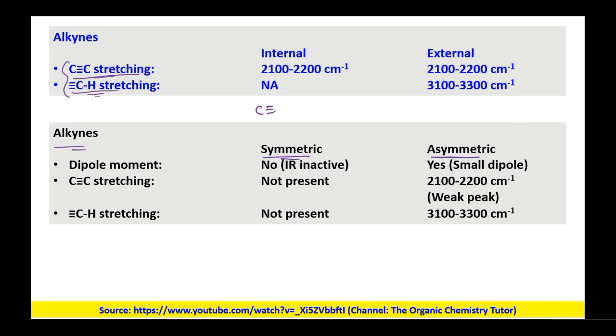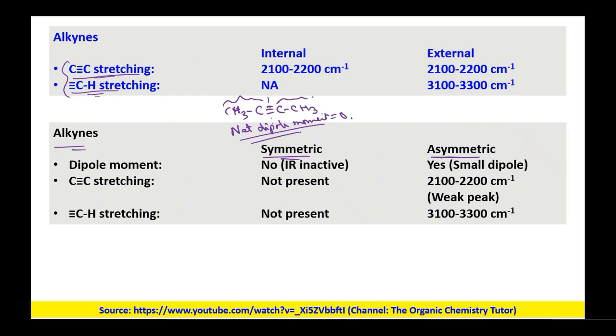Symmetric means C triple bond C, CH3, CH3. If you draw a line in the middle, you will see this functional group and this functional group are symmetric. Since they are symmetric, when they stretch, the net dipole moment will be 0.